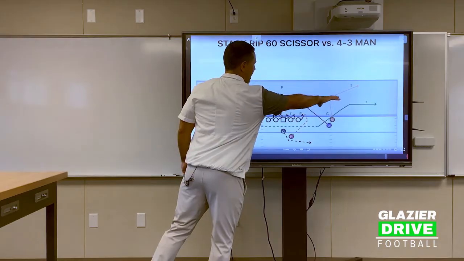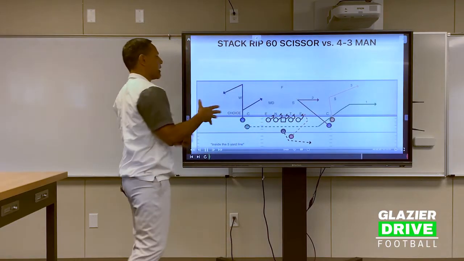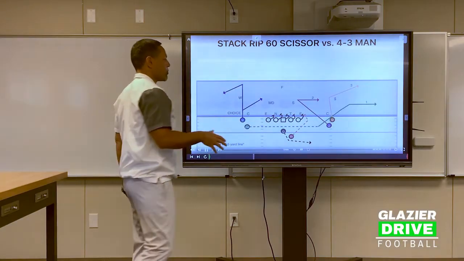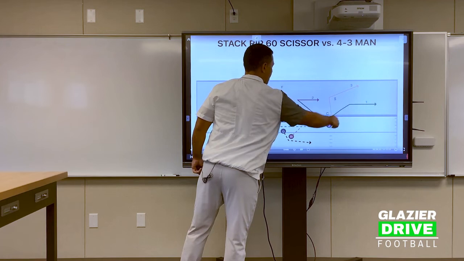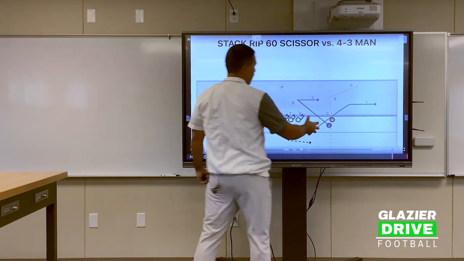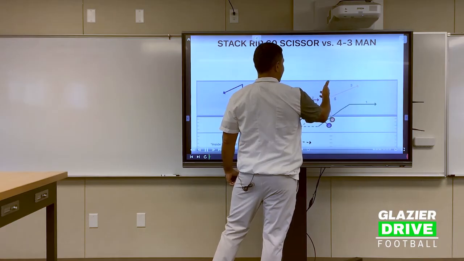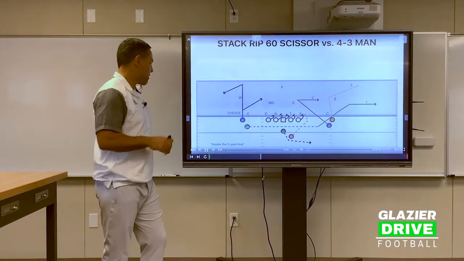He's going to try to identify if we can get it to that number one guy in man coverage. If it's not man coverage, which sometimes it's zone coverage, what happens is a hanging defender will chase that out, and that revert becomes open in this area. Okay. And then if also in zone coverage, if there's a safety with inside leverage here, we might be able to get that safety and beat that safety to the corner.